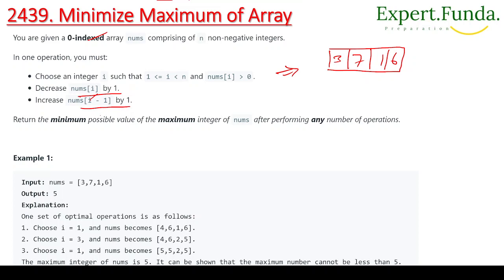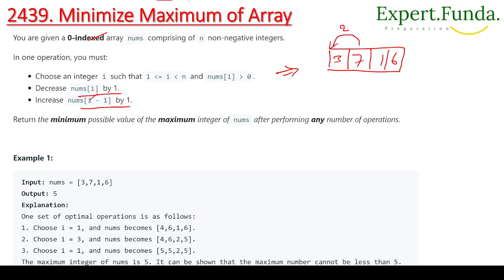So either you can decrease this one directly, from here to here, by how much? By 2, right? You can decrease it. And what is the maximum of nums now, after decreasing this one?